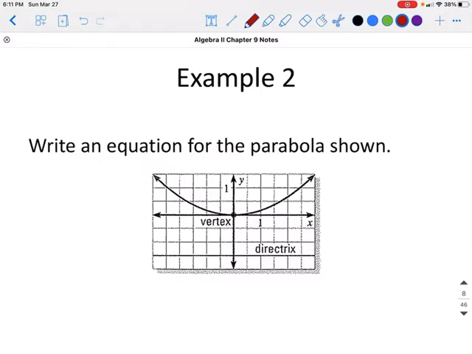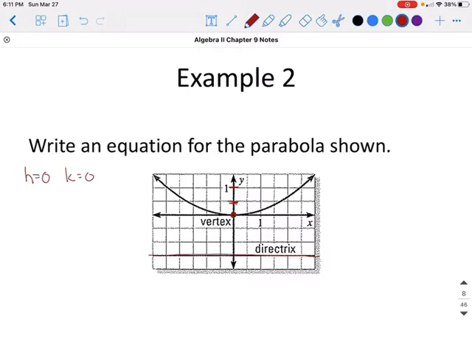So for this one, we're just going to write our equation for our parabola. So if you notice, our vertex is at 0, 0. So that means h is 0 and k is 0. Now they're showing you that this is a scale of 1, so if I go 2 units, it's gone 1. Our directrix, they show you, is down here.